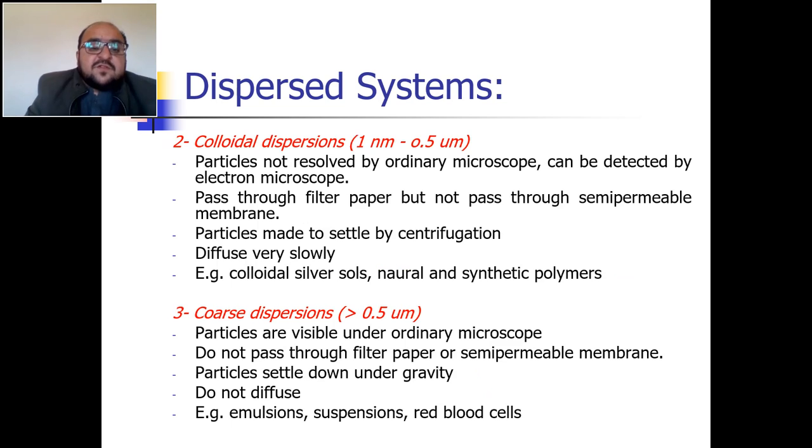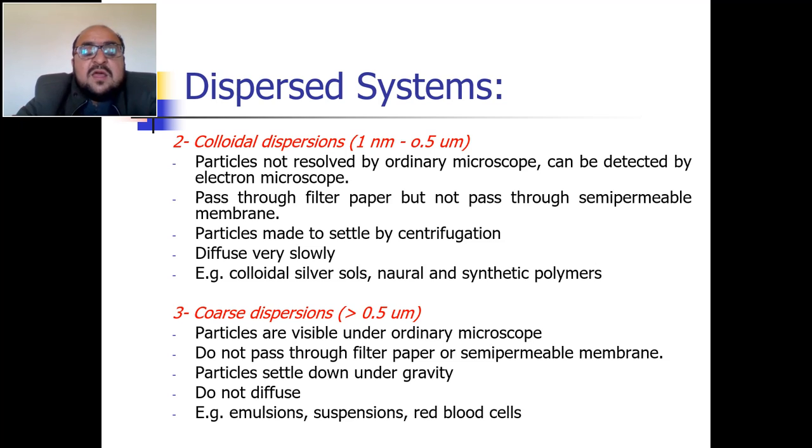The second one in dispersion systems is the colloidal system. What are colloids? Just like suspension and emulsion, in pharmaceutical sciences colloids are when the particle size varies from 1 nanometer to 0.5 micrometer.